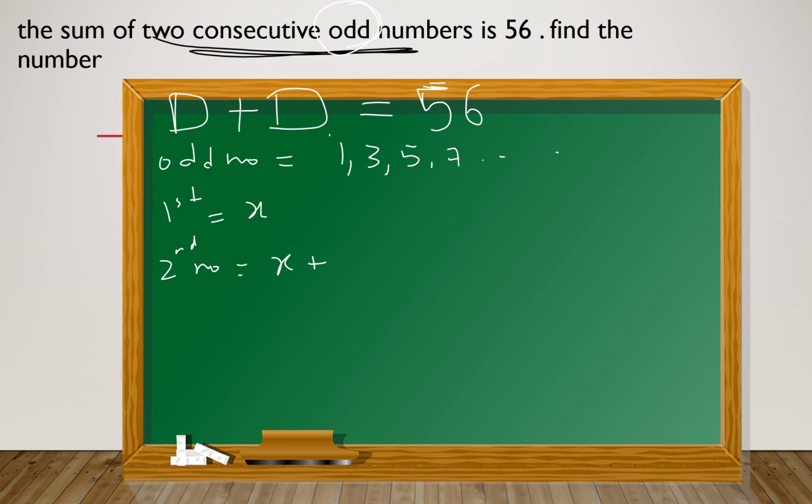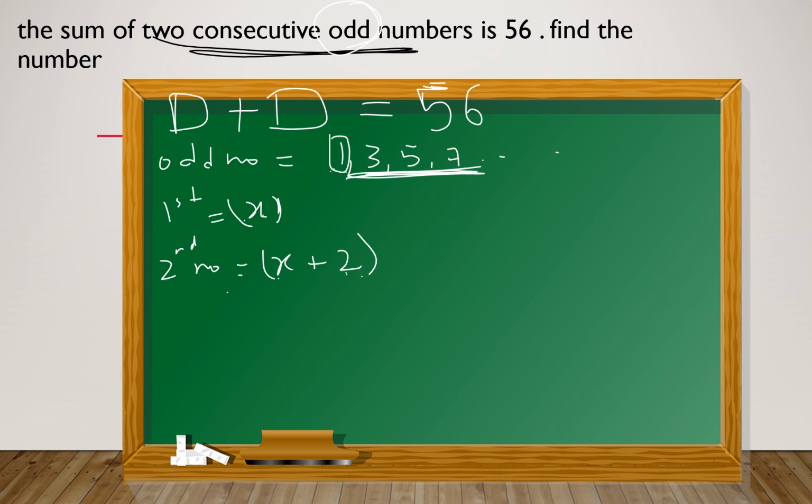If we consider the first number as 1, to make it 3 we write 1 plus 2 is 3. Suppose x equal to 1, then 1 plus 2 is equal to 3, and we'll get odd numbers like this. So the first number is x and the second number is x plus 2, to make continuous consecutive odd numbers.